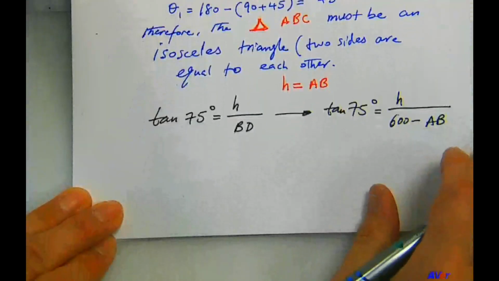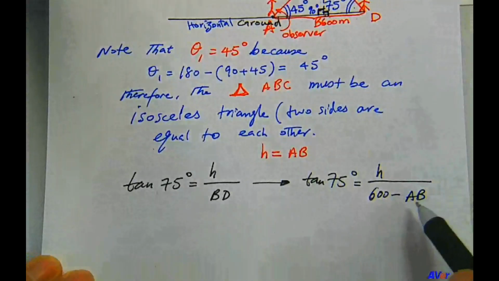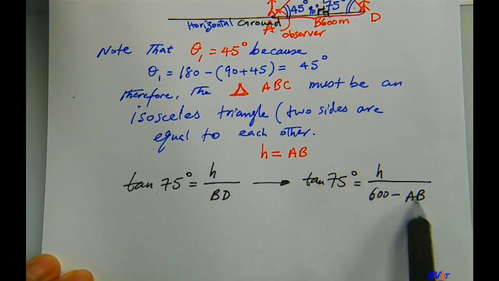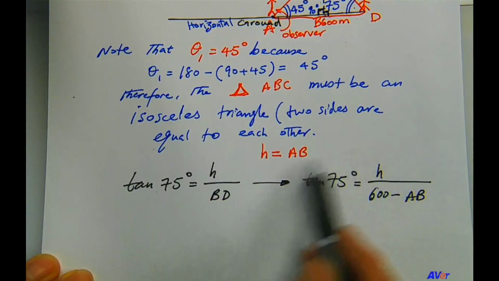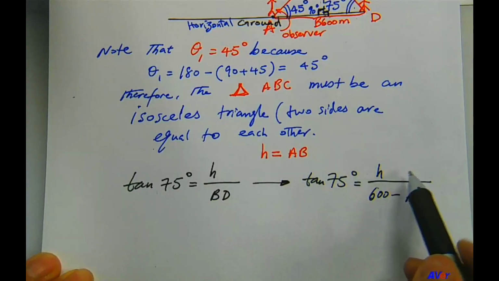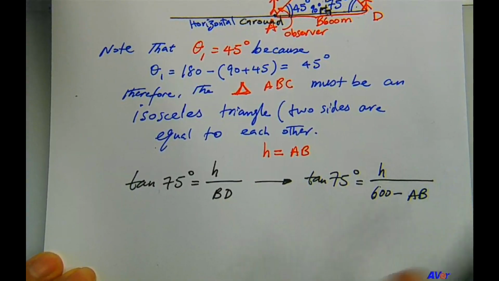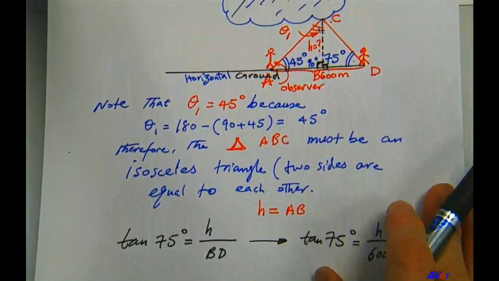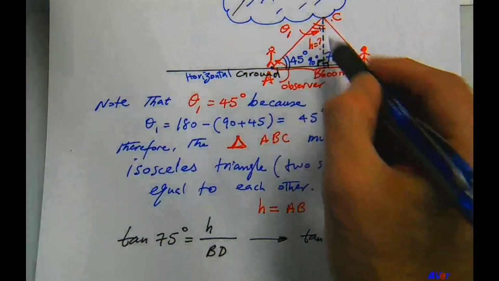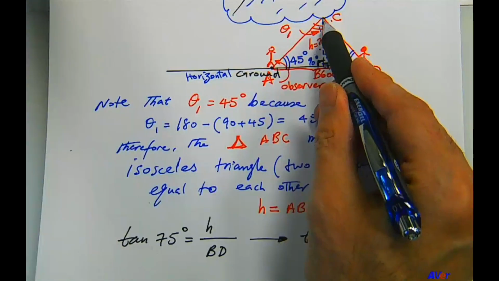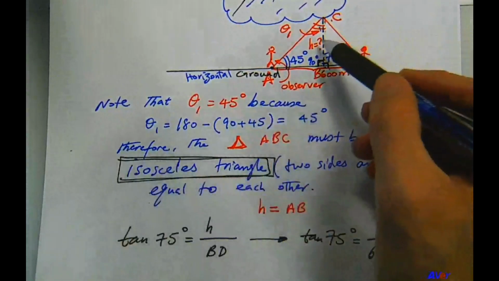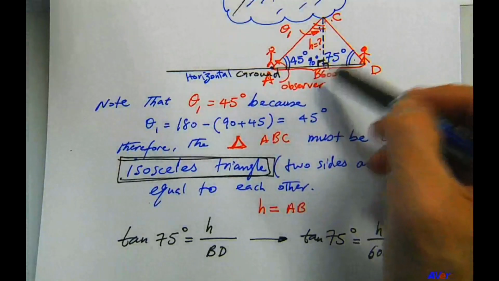So we have that. But right now, we really didn't change anything from here to here because we still have two unknowns. So we need to reduce this equation to one unknown, which is h, so we can solve for it. But if you notice, in the drawing, we just determined that this triangle, ABC, is an isosceles triangle, meaning that H and AB are equal.